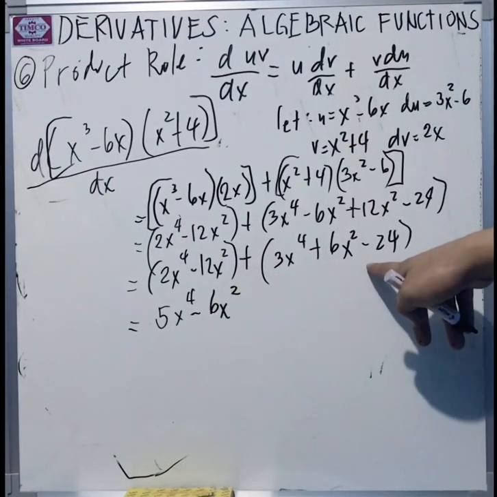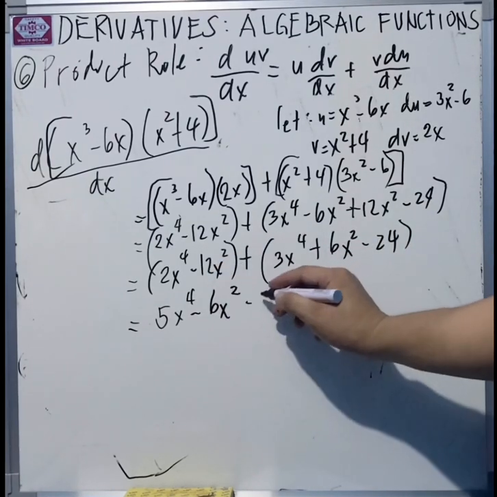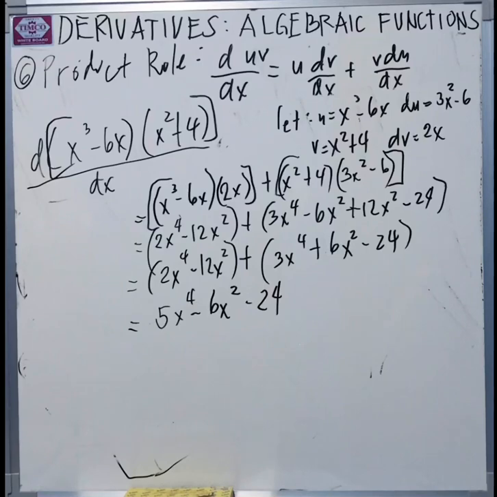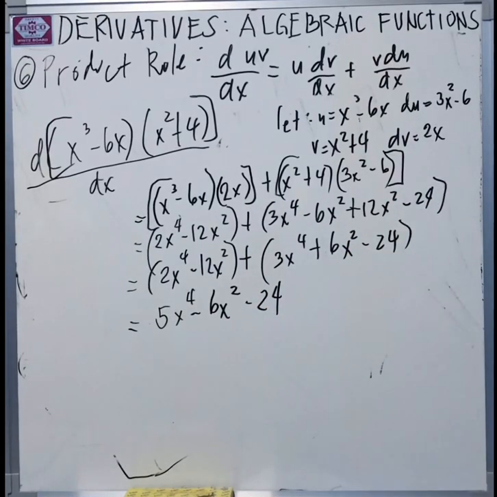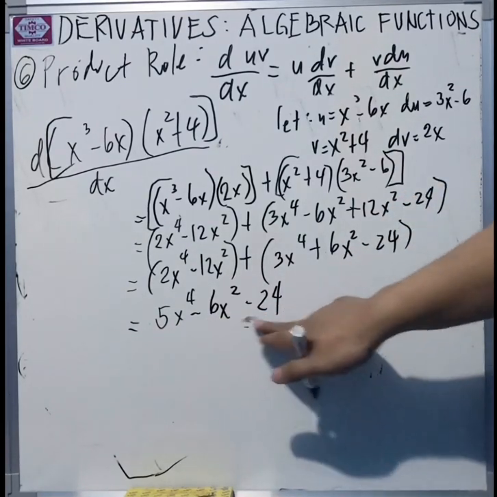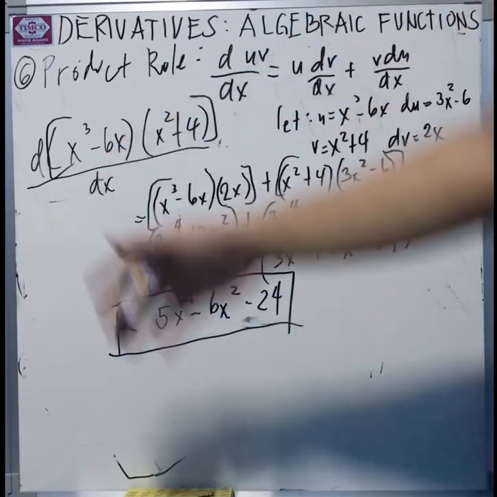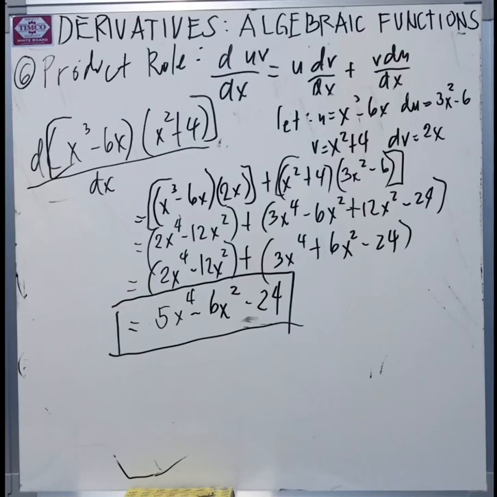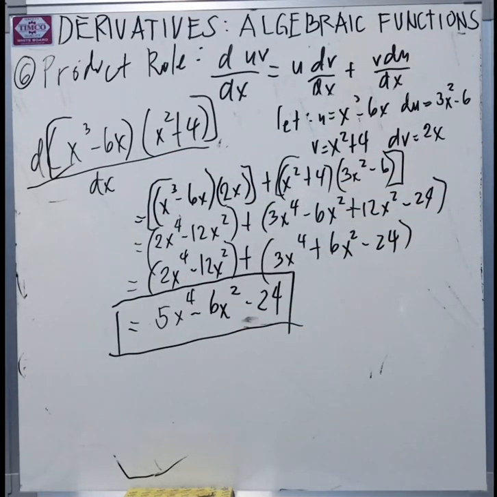And then minus 24, wala naman sa kabila. So, ito, 5x fourth minus 6x squared minus 24, kaya pa ba natin simplify? Wala na kasi wala na factor to, nakagaya nung iba. So, ito na yung ating derivative of x cubed minus 6x times x squared plus 4 with respect to x. So, yun yung ating mga rules in finding the derivatives of algebraic functions.